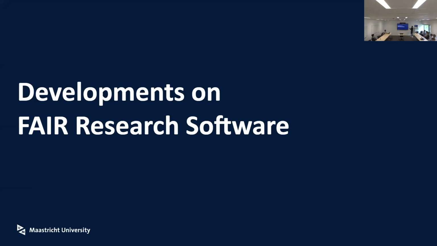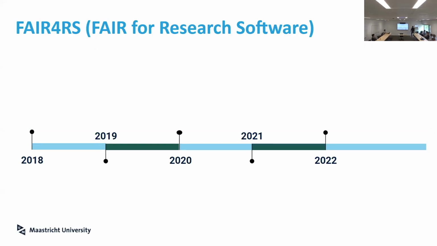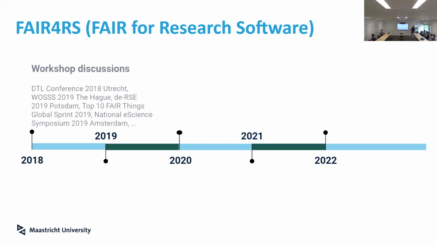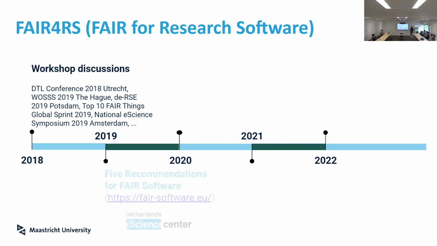So, okay, now that we have the definition out of the way, what are the developments on FAIR software? Not so many years ago, just like what happened with the good old FAIR principles, people gathered in workshop discussions, and they decided that this digital object also needs a particular implementation of how we look at the FAIR principles, because it has different characteristics and different liabilities.